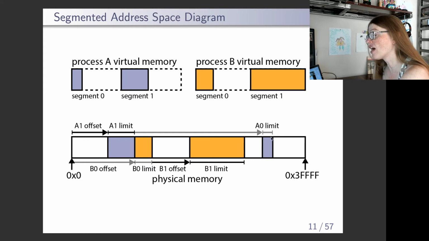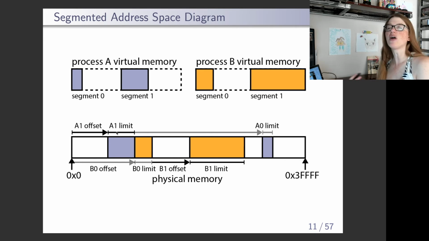And then we'll keep track of segment 0's limit and offset, and we'll keep track of segment 1's limit and offset. If process A was running, then we would have our MMU with segment 0 registers and segment 1 registers. And for each of the segments, the MMU will have a relocation and limit register. And then when we do a context switch to a thread from process B, we have to clear the MMU and give it new values for its relocation and limit registers.